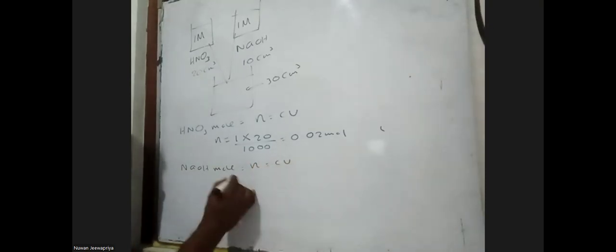And then I can find the sodium hydroxide moles, also n is equal to CV. The concentration is 1, the volume is 10 divided by 1000, so it is 0.01 mole. So nitric is 0.02, sodium hydroxide is 0.01.